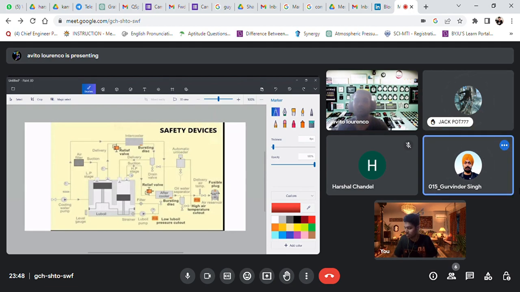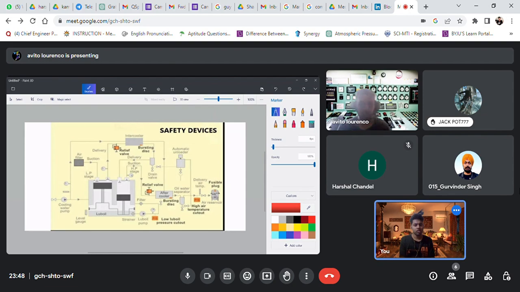Jack sent the image of the HT/LT system, high temperature cooler and low temperature cooler.